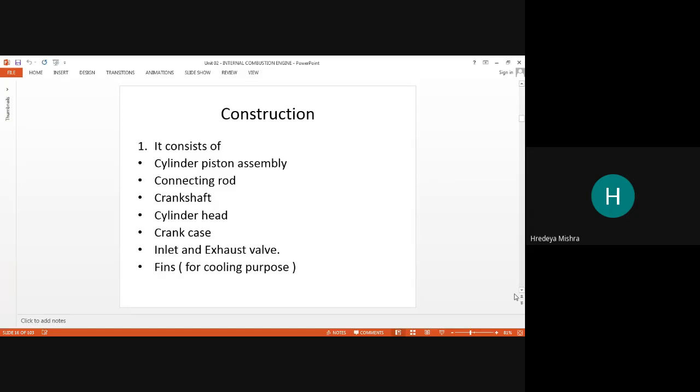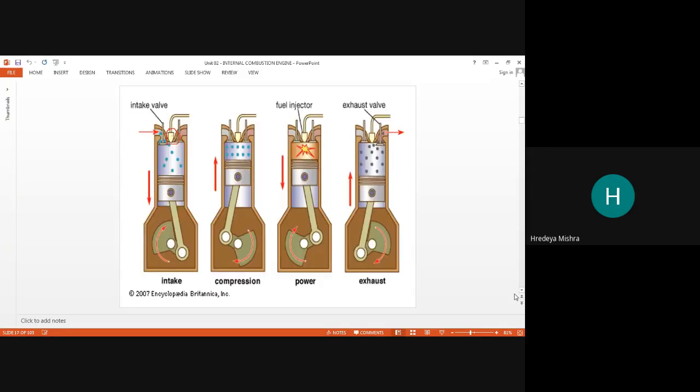So the maximum components are similar to the petrol engine. But here, the steps are intake, compression, power and exhaust.